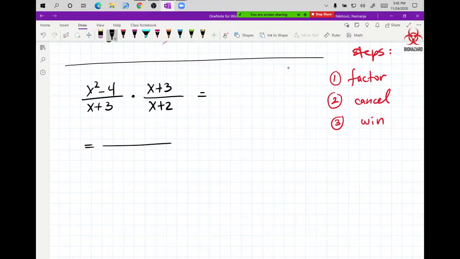Would it be x squared minus 4 over x plus 2? No, I'm asking what this factors into. What are the factors of this? I'm asking for chapter 6 factoring.